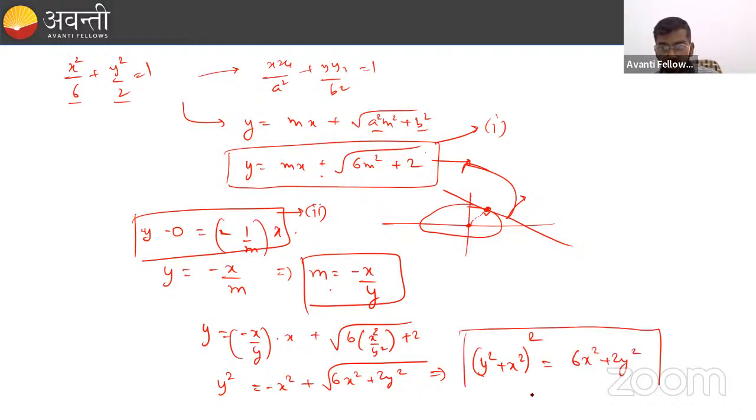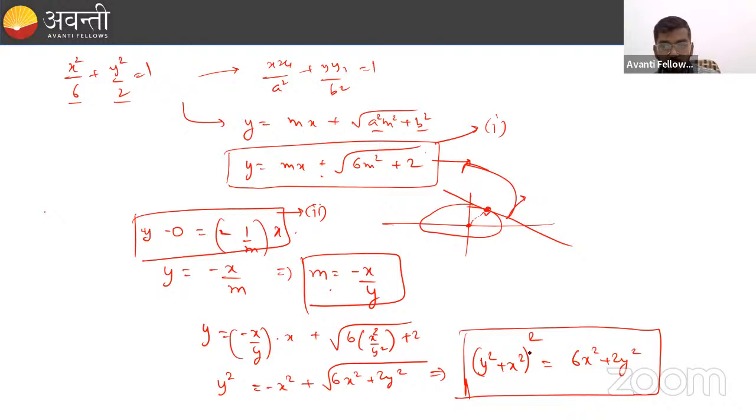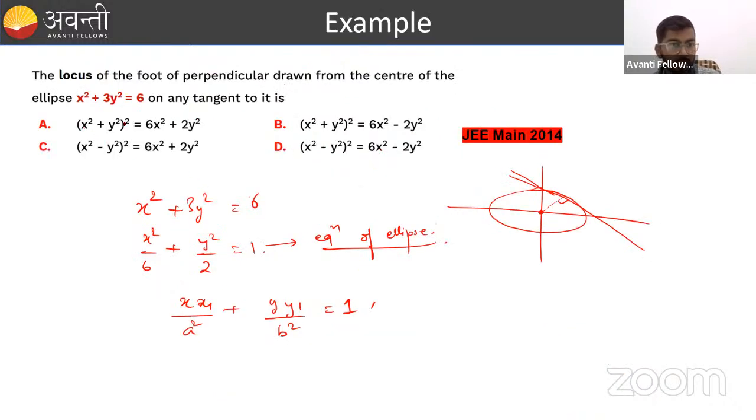So this is the locus that we are supposed to find. As you can see in the previous slide, we got x square plus y square whole square equals 6x square plus 2y square. So A was our answer, right?